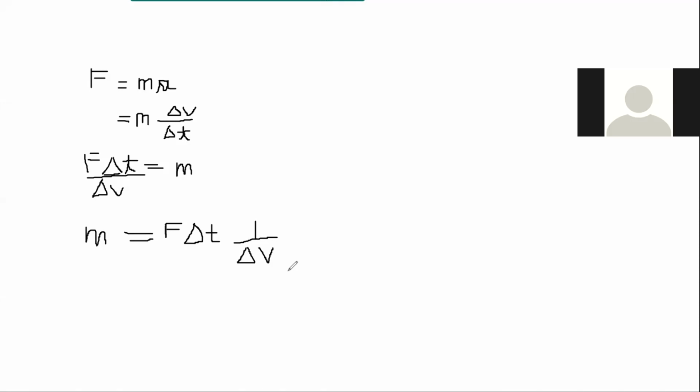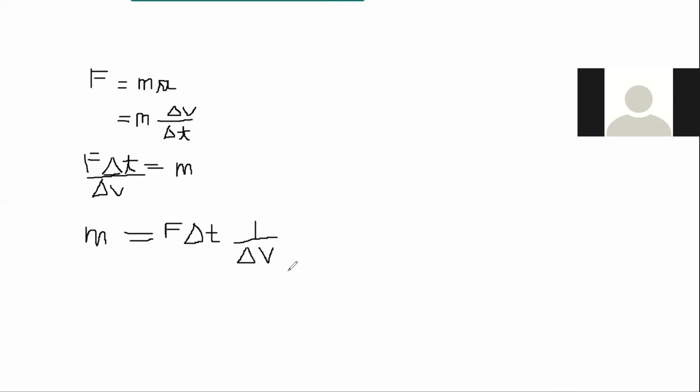All right, and then you will have to make a graph of that. So you will need 5 different values of the mass, so 5 different astronauts if you want. And then see how the mass changes as a function of the velocity when the force and delta t are held constant.